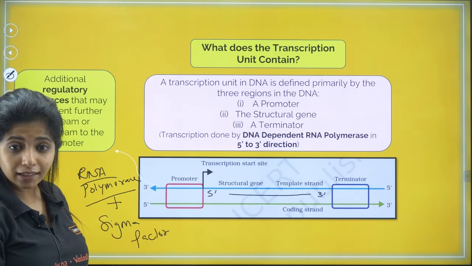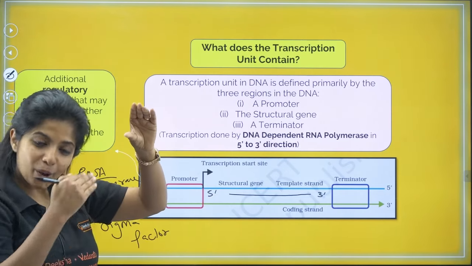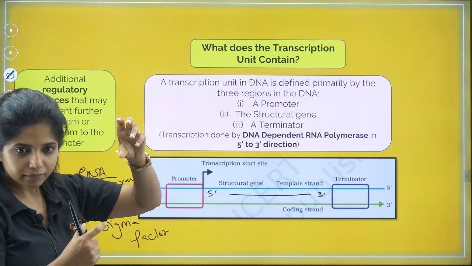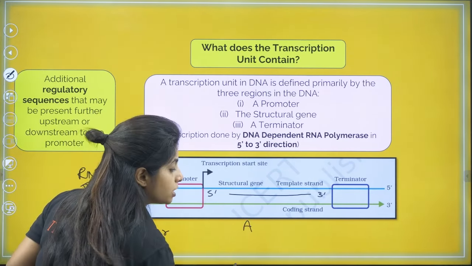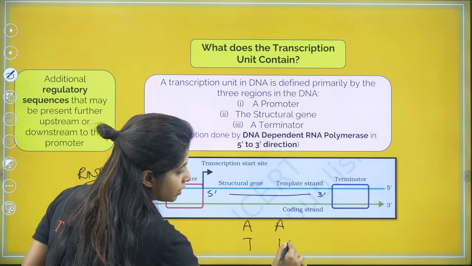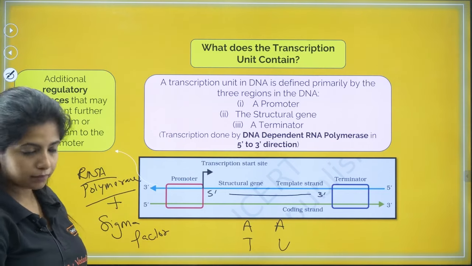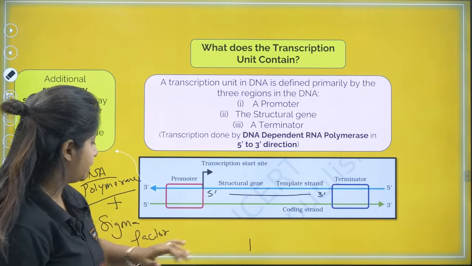Only difference is that in the case of DNA, if you have thymine, in the opposite complementary strand you will have adenine, right? Or in the DNA strand, if it is adenine, in the opposite strand it will be thymine. But over here, if it is adenine, then the RNA will have uracil instead of thymine. That's the difference that you will be finding over here.